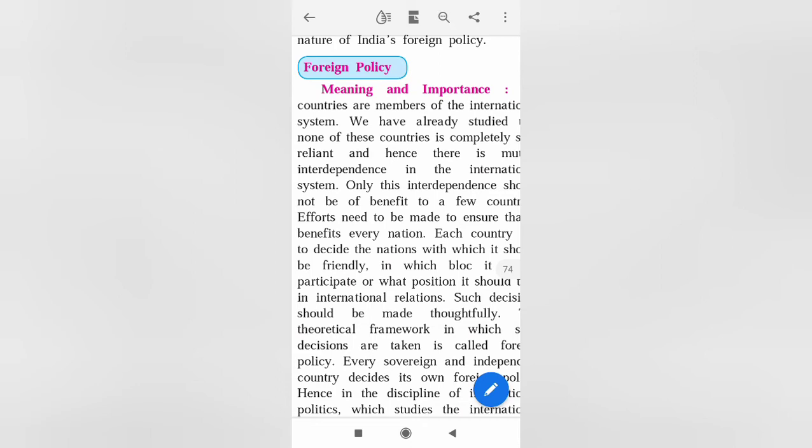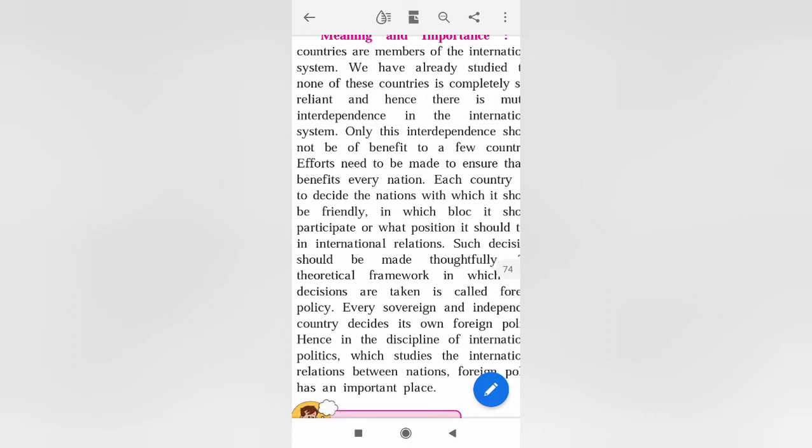This interdependence should not be of benefit to only a few countries. Efforts need to be made to ensure that there is benefit to every nation.